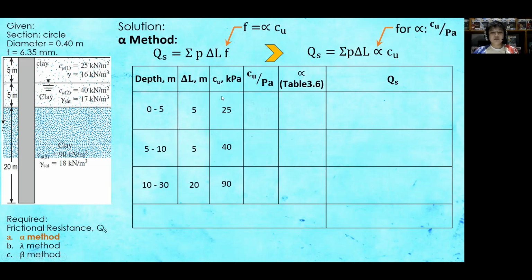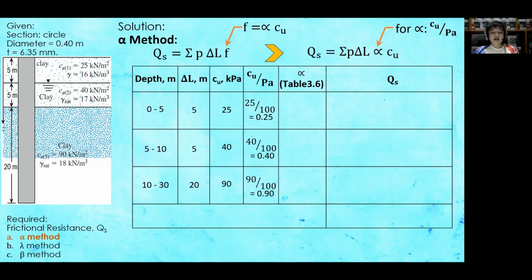So for the first value, Cu 25 over Pa, that is 100, it is 0.25. For the second, it is 40 divided by 100, or 0.4. And for the third, 90 divided by 100 is 0.9.